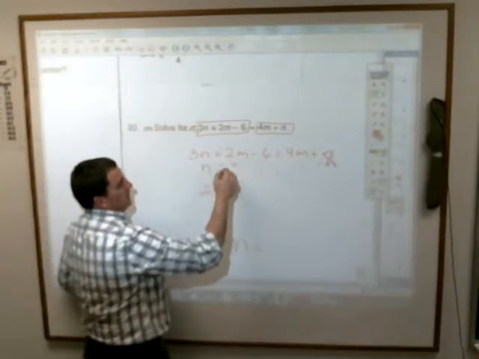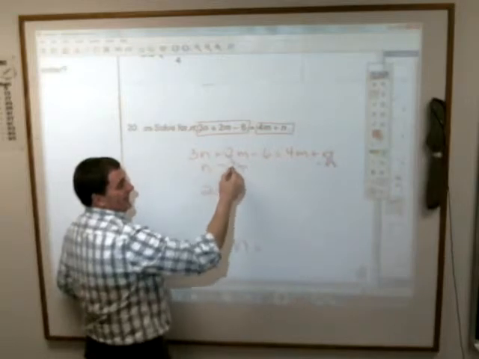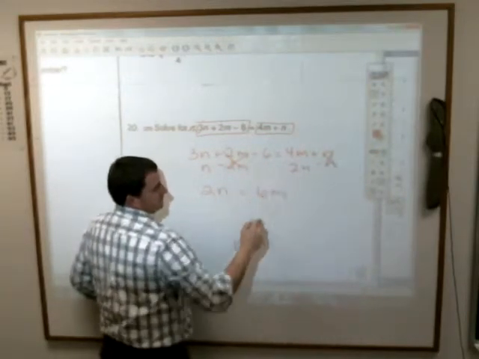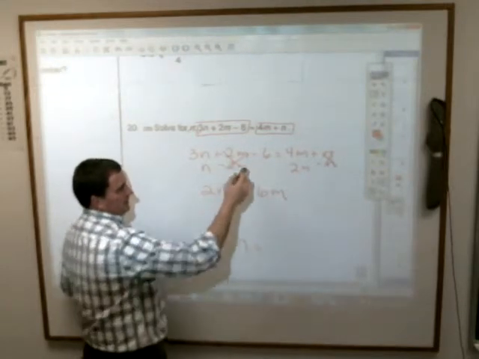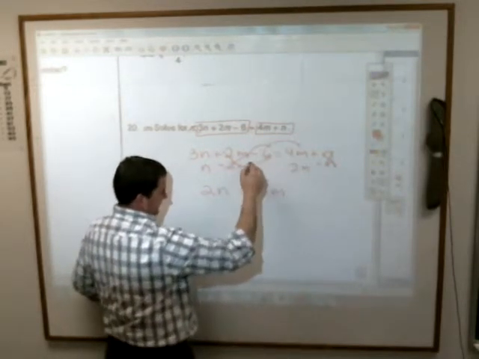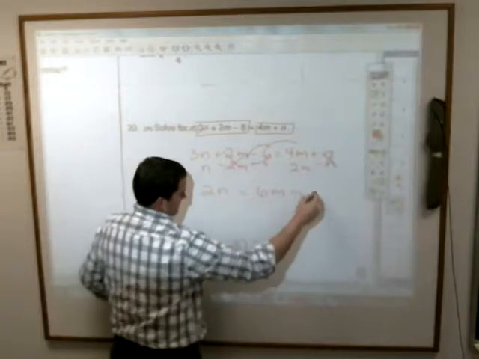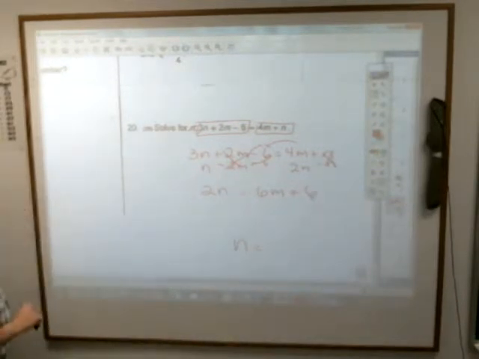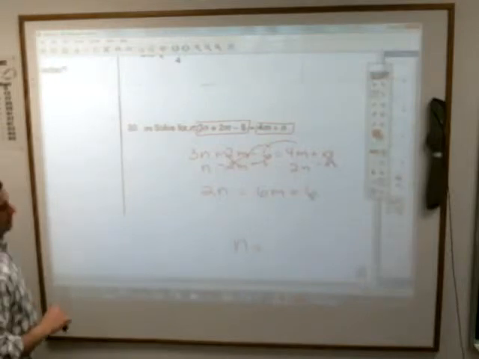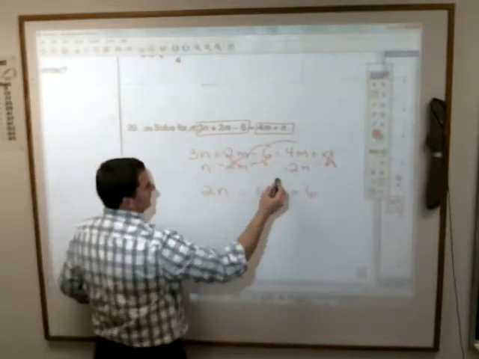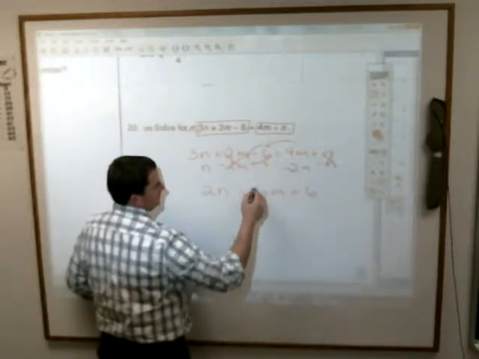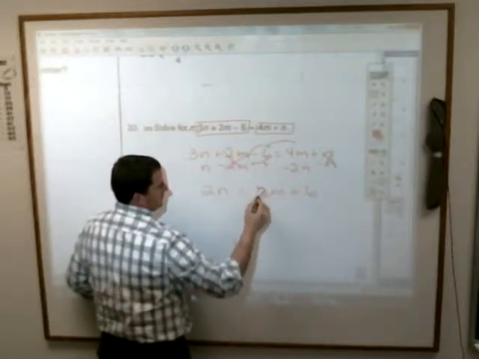I wanted this 2m to get to the other side, so I do the opposite, add 2m. I add 2m to that, and it is 6m. Okay, I need this 6 to get to the other side too, so I add 6. It doesn't combine with any term, so it's 6 over there. Oh, I'm sorry. I think I put that there, but I didn't. Okay, so this is actually what, 2m? Sorry. This is plus 2m.